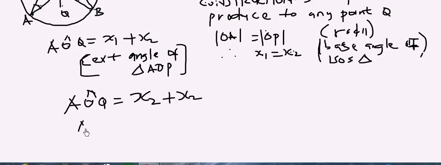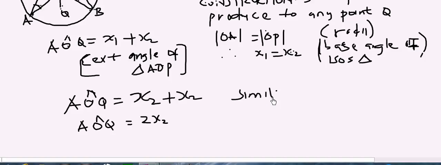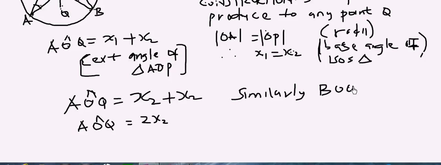So in that case, I have that AOQ is equal to 2x2. Similarly, BOQ is equal to 2y2, if we follow the same principle, focusing on BOQ.